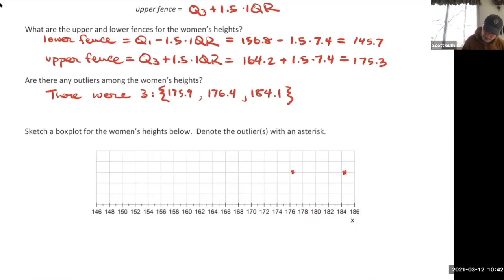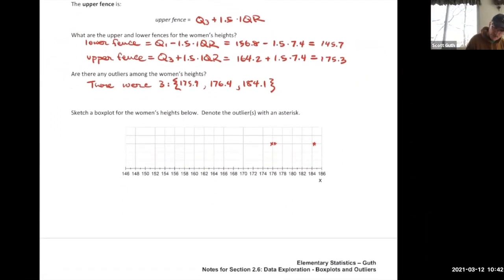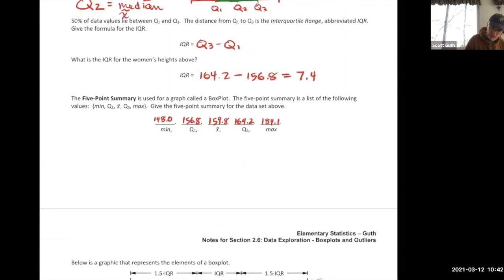And then the 175.9 is real close to that one, so those 2 are right next to each other. Now I'm going to put dots in here for the rest of the 5-number summary. So I'm going to copy those down. This is the 5-number summary. I'm just copying this down.